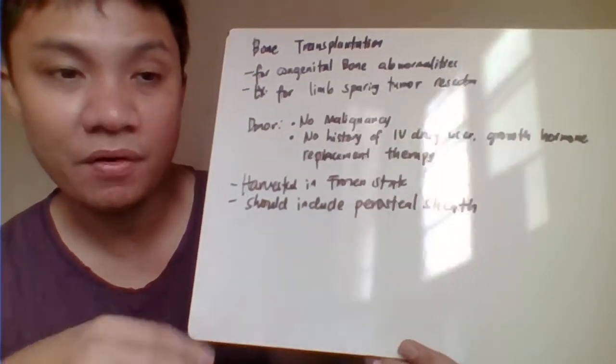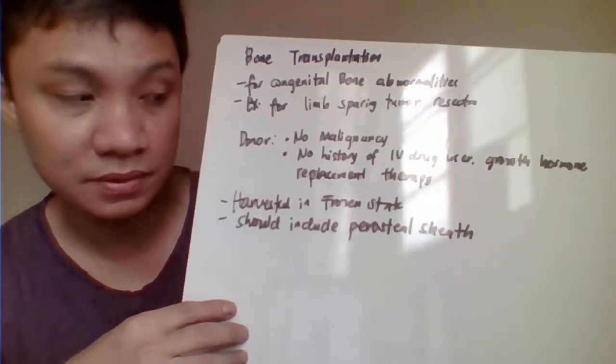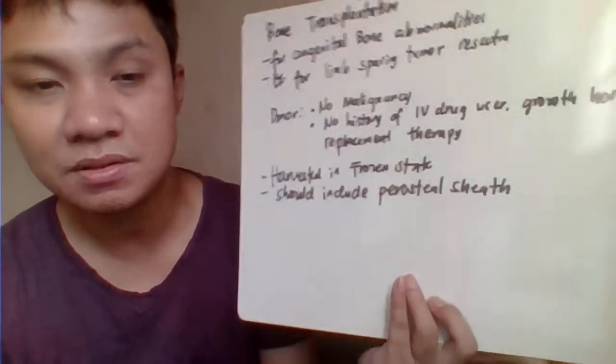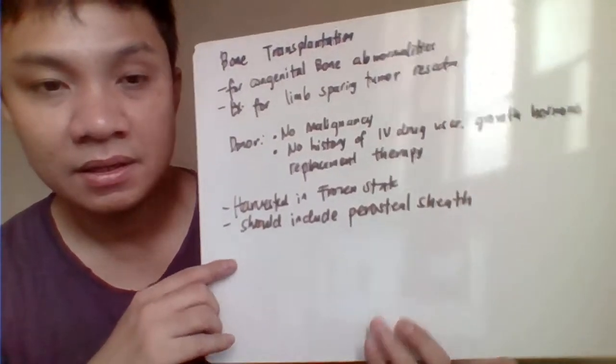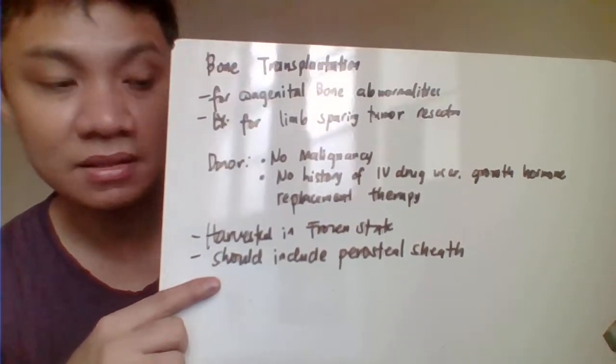It's possible here for growing and reproducing, regenerating your new bones. Okay, so immunosuppressive therapy here most likely is not given to the patients because their bone here is not very immunogenic.